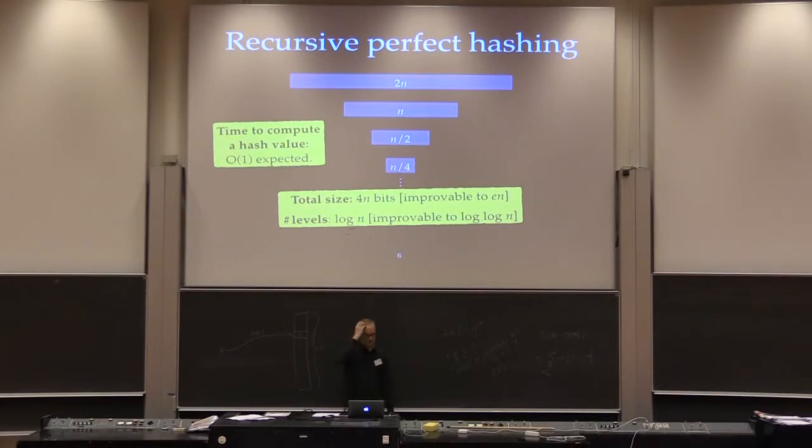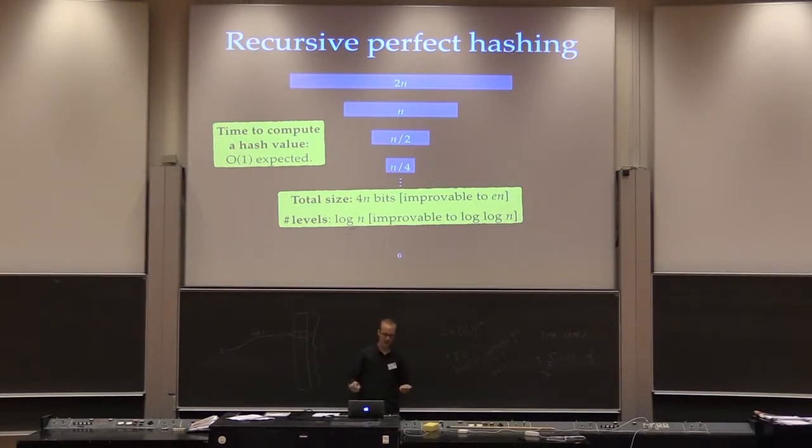But actually, if you think about it, the expected time to compute a hash value is constant. So what happens if you want to compute a hash value of something that is in the set? Well, half of the time we're going to stop here, half of the remaining time we're going to stop here, and so on. So in the expectation we need 2 steps.